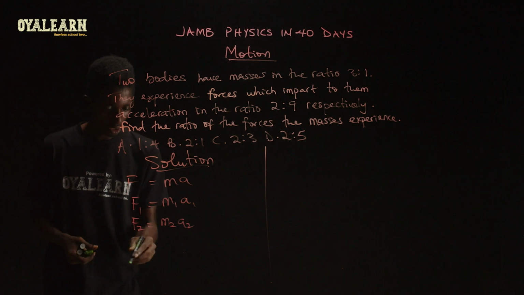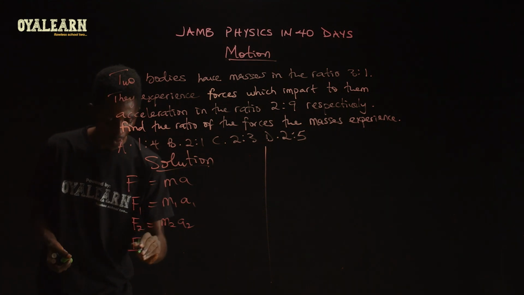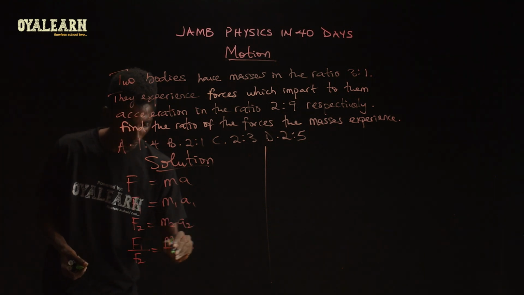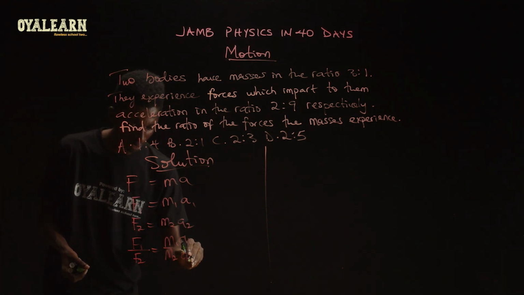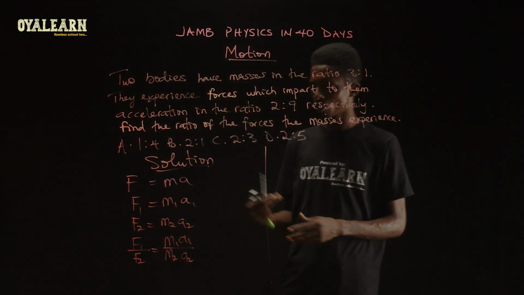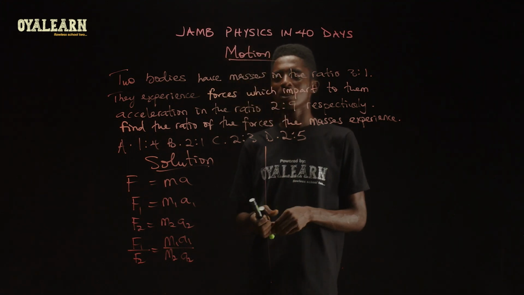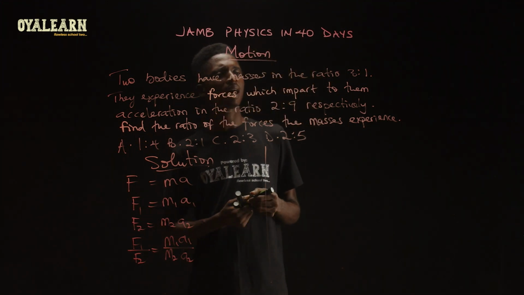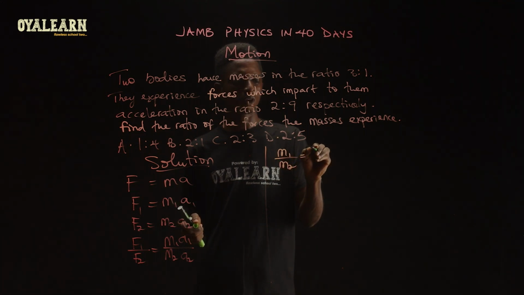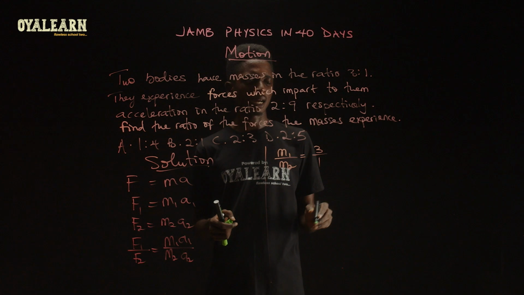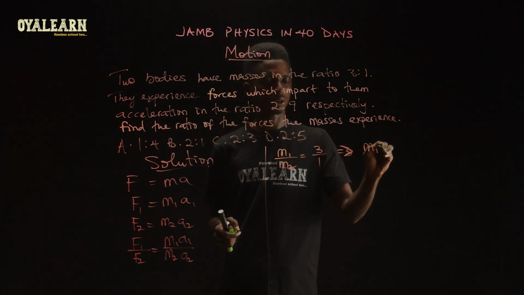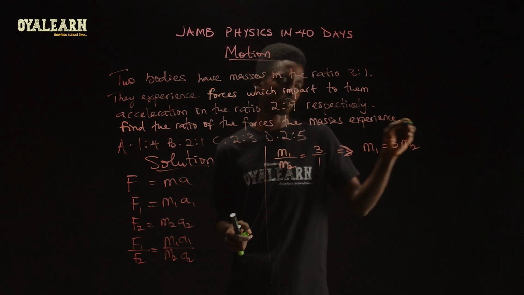Because we are looking for the ratio here, F1 over F2 is supposed to be M1A1 over M2A2. From the ratio, we can then find the values of some of these with respect to each other, starting with masses. For the mass, we have that M1 over M2 equals 3 over 1. What this implies is that M1 equals 3M2.